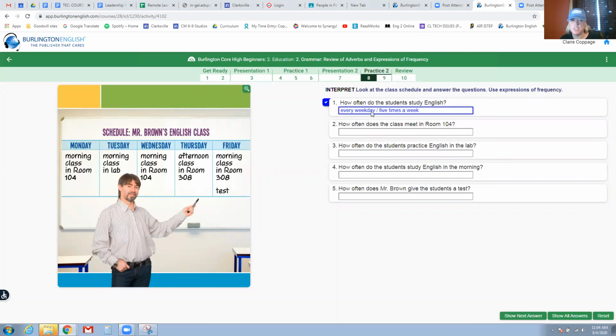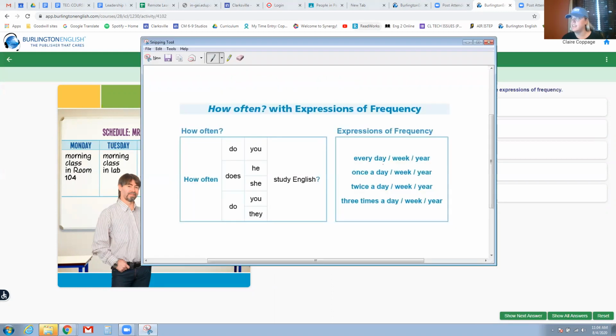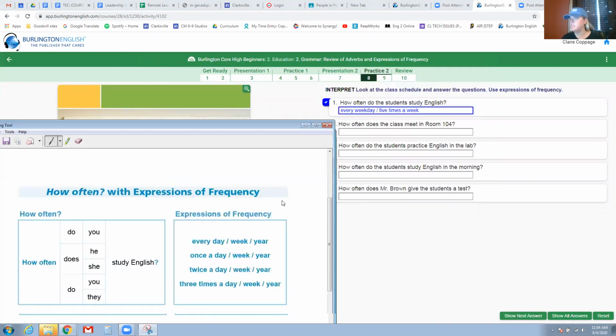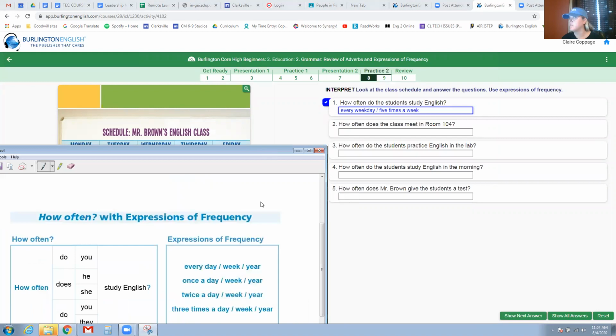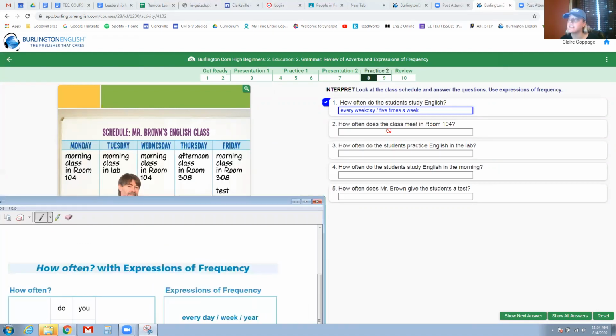This is specific to the weekdays, but I agree with you. From this list, de la lista, lo más mágica is every day. Very good. Good job. Put this over here. Okay. Number 2, how often does the class meet in room 104?